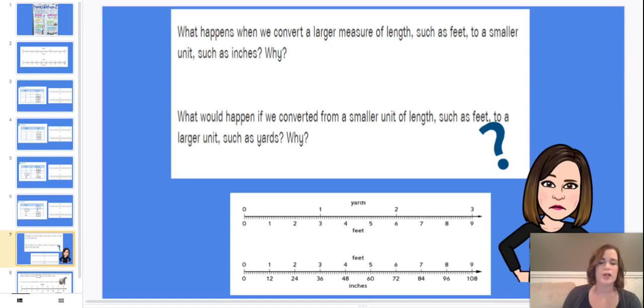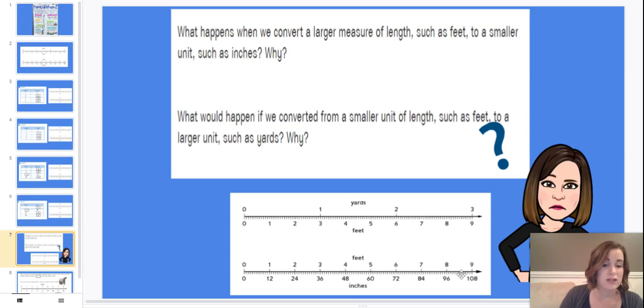What happens when we convert a larger measure of length, such as yards or feet, to a smaller unit, such as inches? If we're converting, you can see that there are fewer feet than there are inches. Inches are smaller, so there's going to be more inches in a foot.